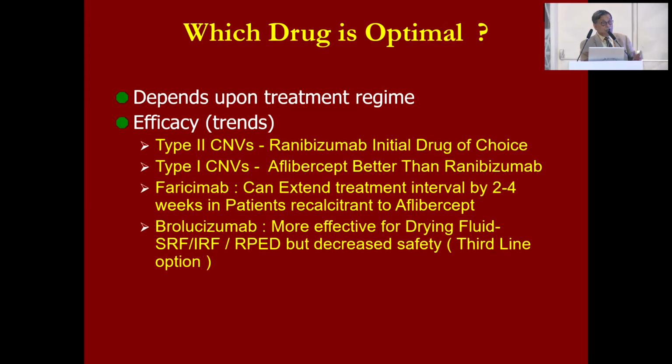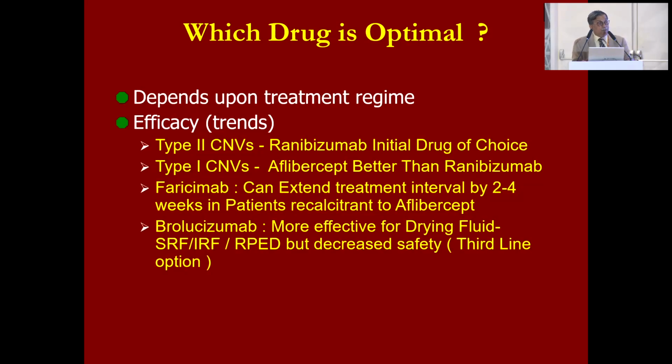However, how you treat a patient also depends on what kind of CNVM you have. Even today, for me, for type 2 CNVMs, the treatment of choice is not aflibercept, but ranibizumab. For type 1 CNVMs, I believe aflibercept is significantly better than ranibizumab, and that's the way I start.